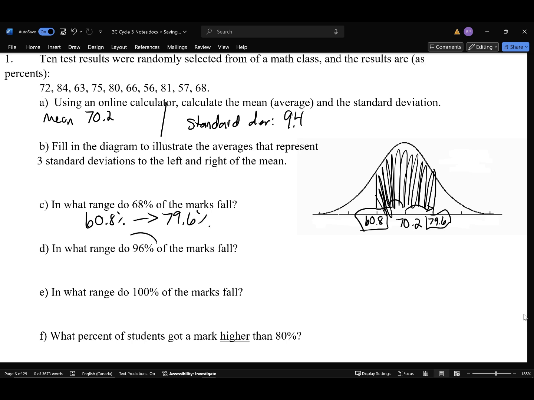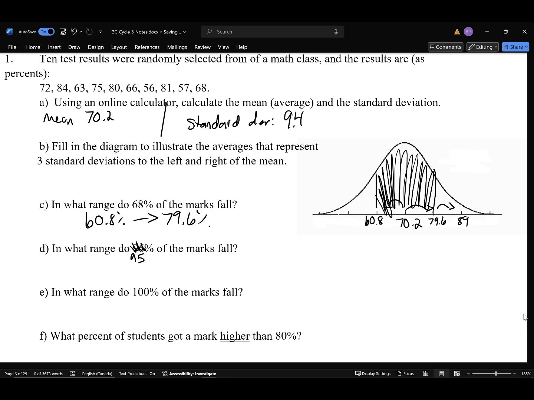In order to find in which range 95% of our marks fall, we're going to adjust this to add one more standard deviation. So we're working with 79.6, and once more we're adding our standard deviation, 9.4. I'm working with 89% on the dot.